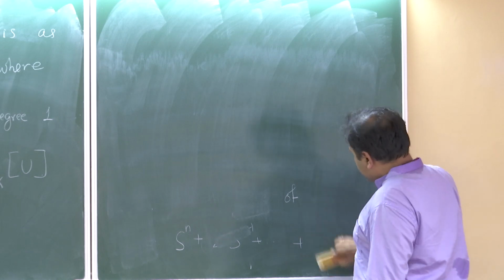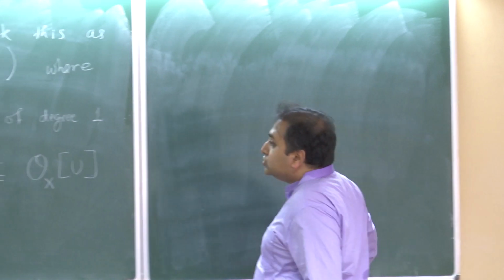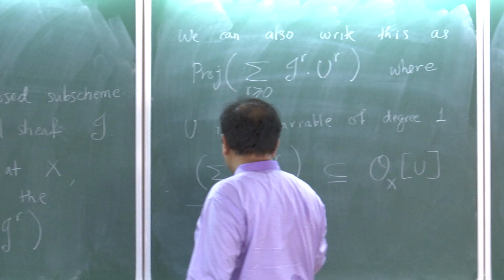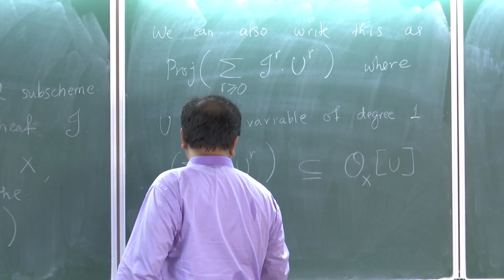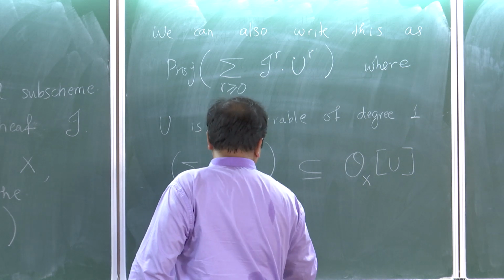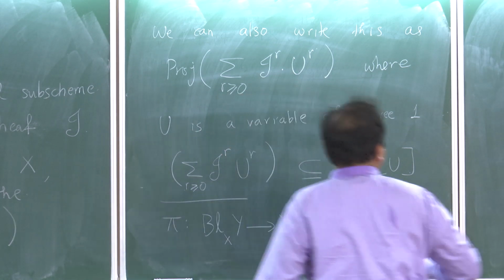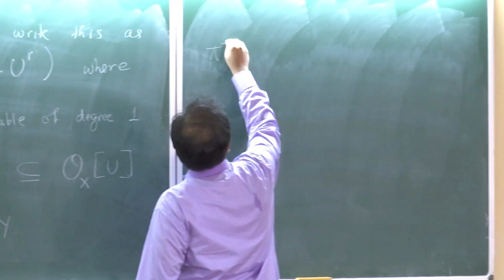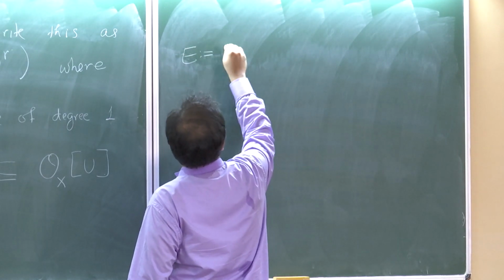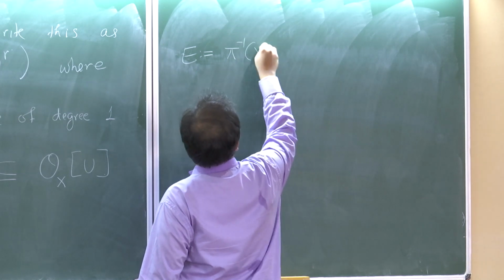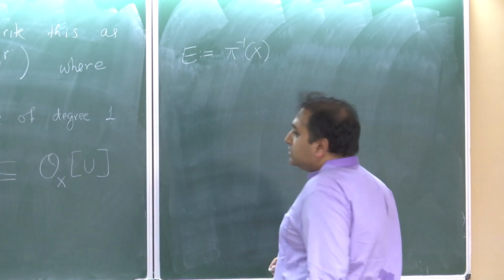So let us talk about it. If pi, the blow-up, is sitting on top of Y like this, what is pi inverse of X? E, the exceptional divisor, is pi inverse of X. So what does this look like?